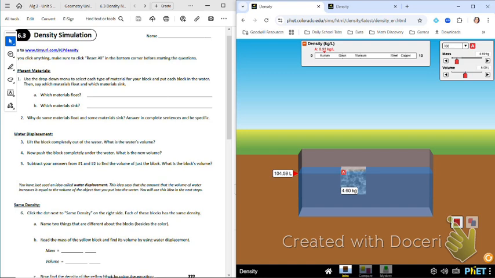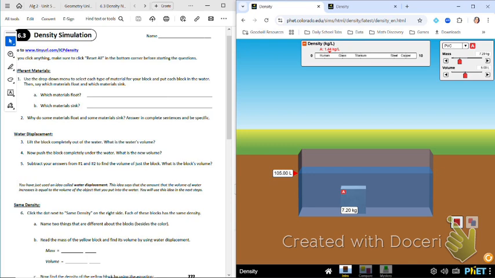Try to trick you. What is that again? This is ice. It went down lower, but it is still above water. Next is PVC. PVC, plastic.